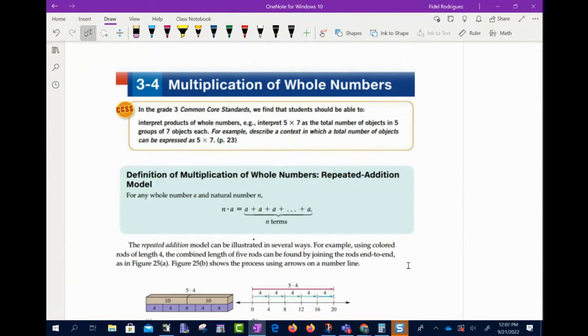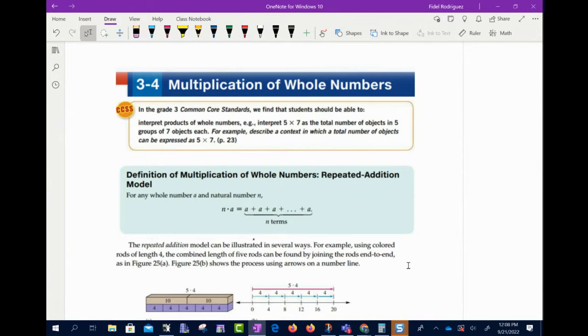It says in the grade 3 Common Core standards that students should be able to interpret the product of whole numbers, interpret 5 times 7 as the total number of objects in 5 groups of 7 objects each. For example, describe a context in which a total number of objects can be expressed as 5 times 7.